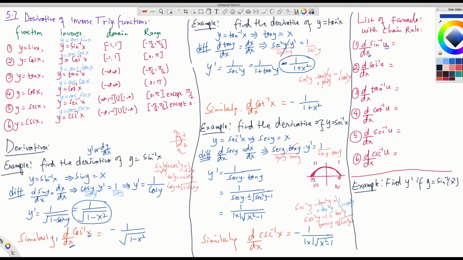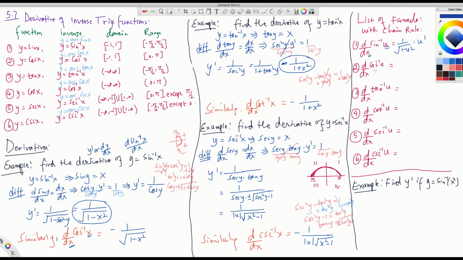So the derivative of sine inverse u with respect to x will be 1 over the square root of 1 minus u squared, times u prime. The u prime is for not matching u and x. Here we didn't have u prime because they were matching, because you were finding d sine inverse x over dx. You could do x prime, which is basically 1.